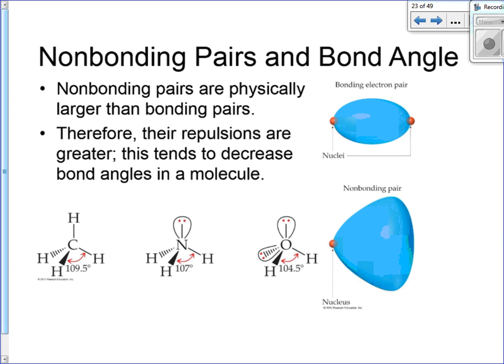All right, non-bonding pairs and bond angles. When you have non-bonding pairs, those lone pairs, they do have a little bit more magnitude of taking up space. So they push the atoms closer together, so you will get a decrease in your angles. So when we get to tetrahedrals, you'll see 4 atoms attached, no lone pairs, 109 degrees.